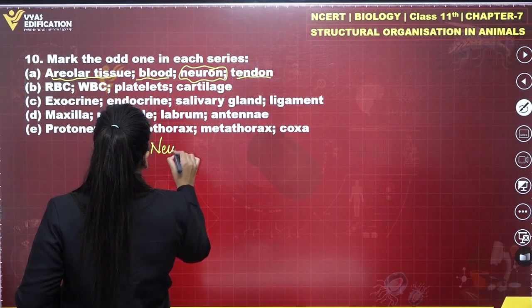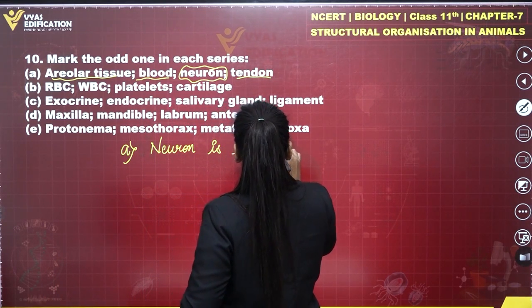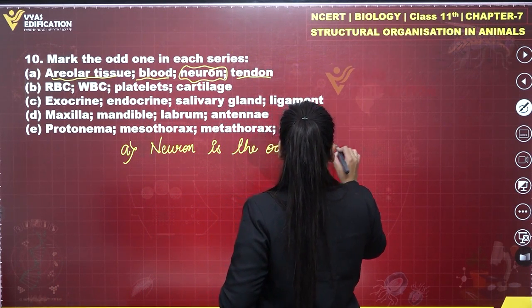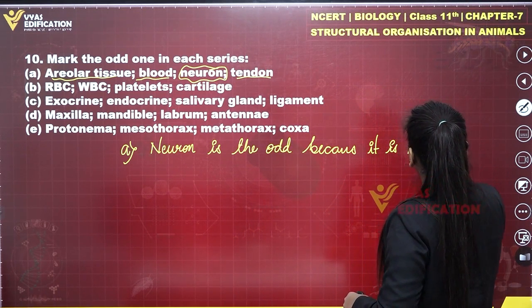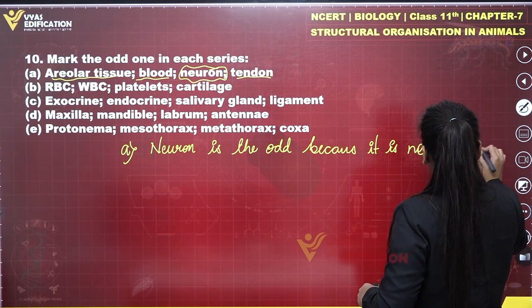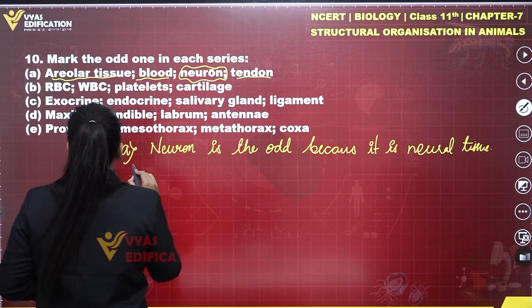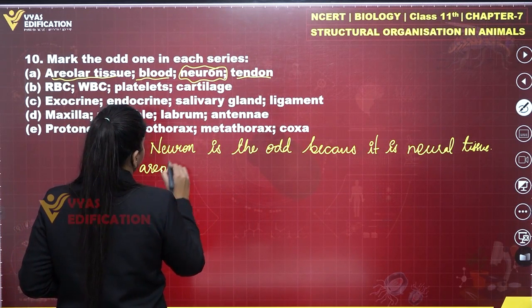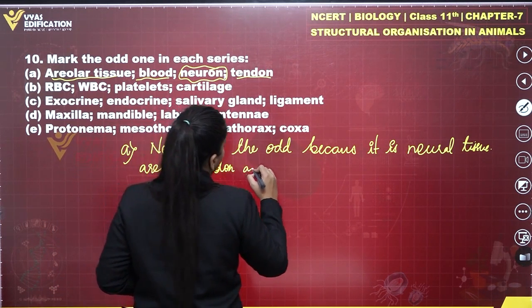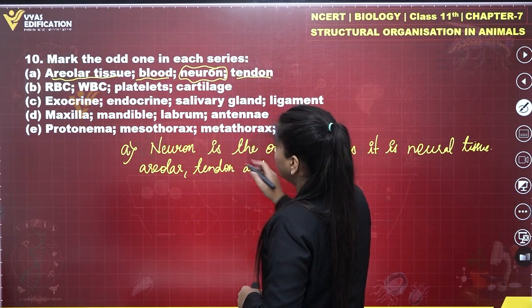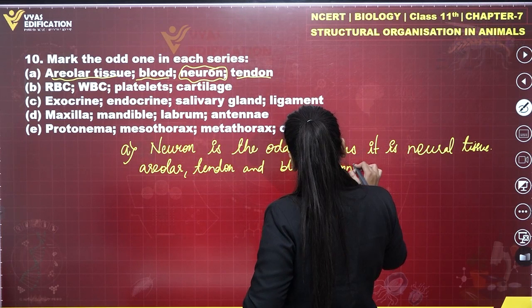Neuron is the odd one, because it is neural tissue, whereas areolar, tendon and your blood are the connective tissue.